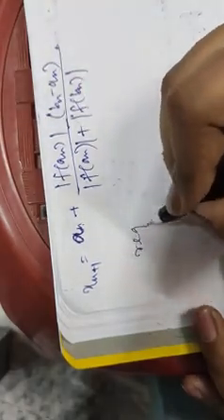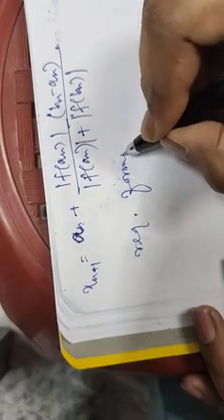This is the required formula at the n plus 1th step of the regula falsi method. Using this formula, we will find the root of transcendental equations.